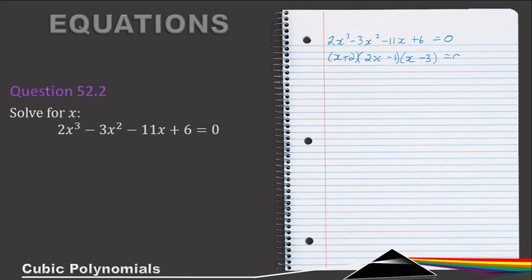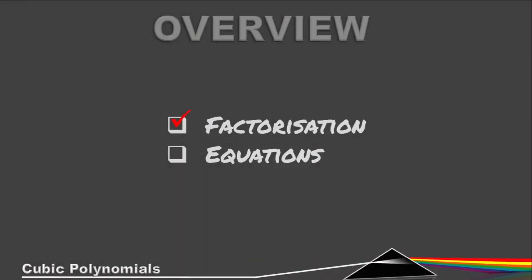Right, so that would say x plus 2 is equal to 0, or 2x minus 1 equals 0, or x minus 3 equals 0. So then we can say x is equal to minus 2, or x is equal to a half, or x is equal to 3. Okay, and that means we are done.